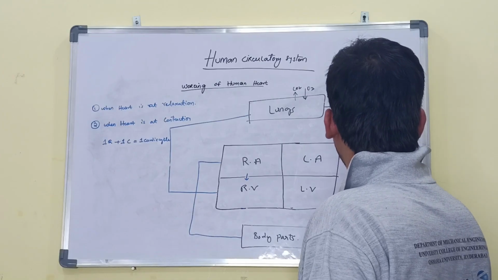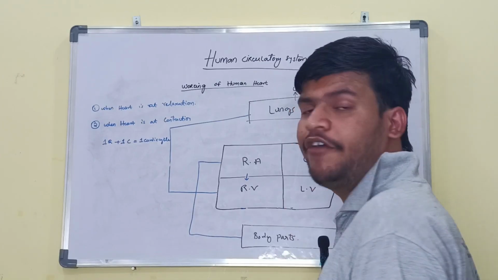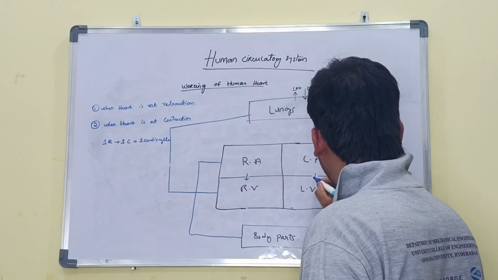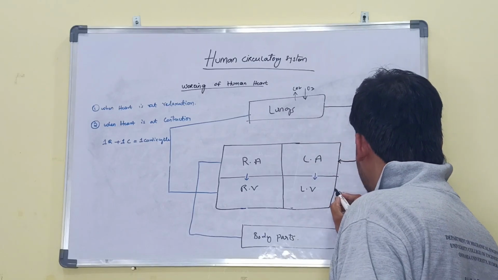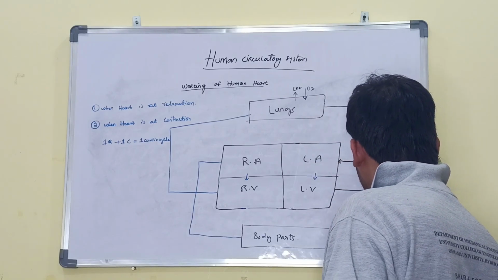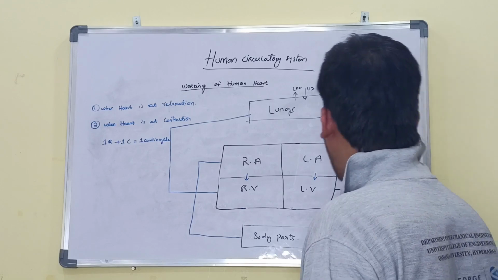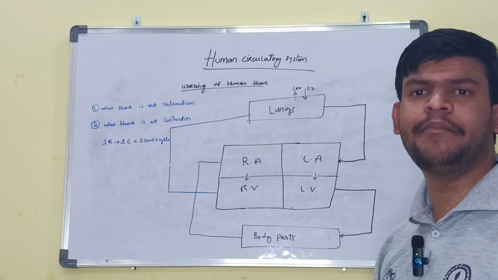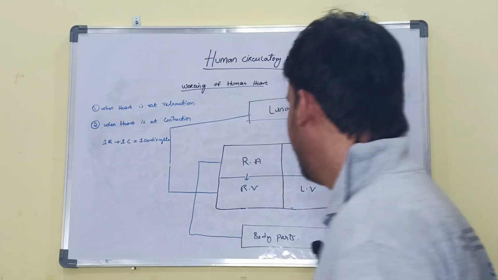Then due to pressure difference it will be transported to left auricle. From left auricle it will be transported to left ventricle. From this, when heart is contracted, then the high pressured oxygenated blood will be transferred to all the body parts to regulate their functions.